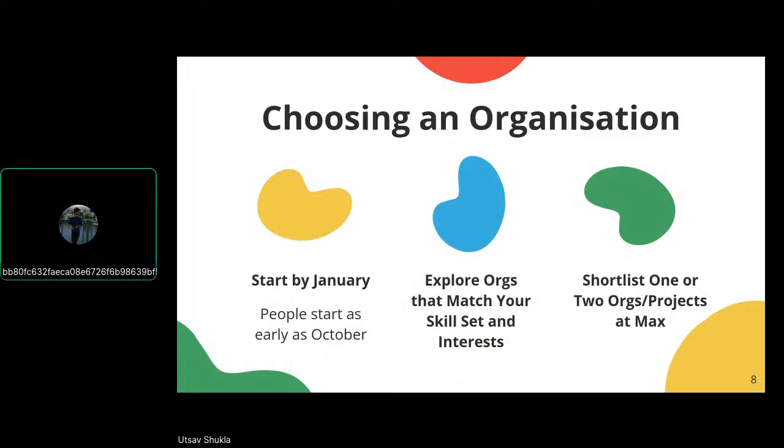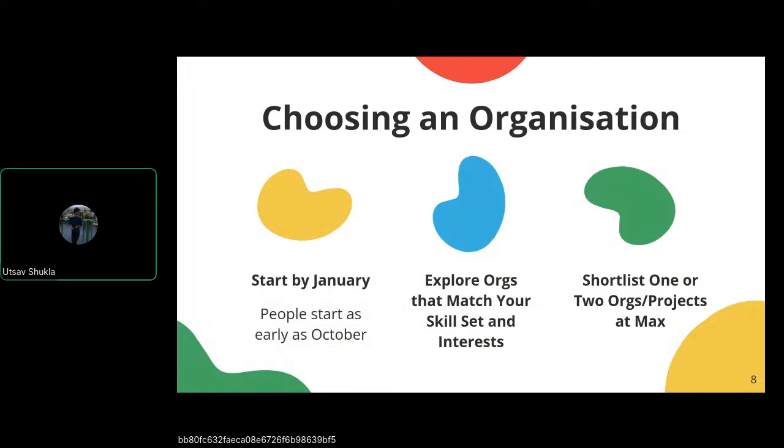But another approach can be that I care about some problem. For example, some environmental problem or aerospace problem or signal processing problem, but I am not really familiar with the tech stack. This is also good because if you're interested in the core topic, then you can always learn the skill set for it. So these should be two approaches while selecting an organization.